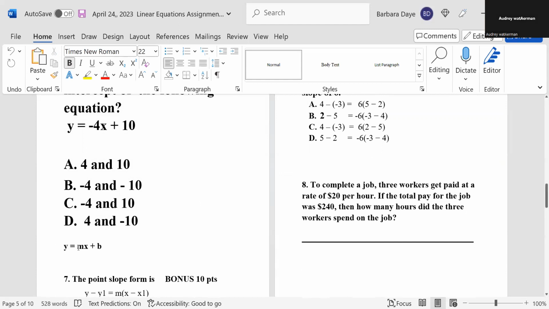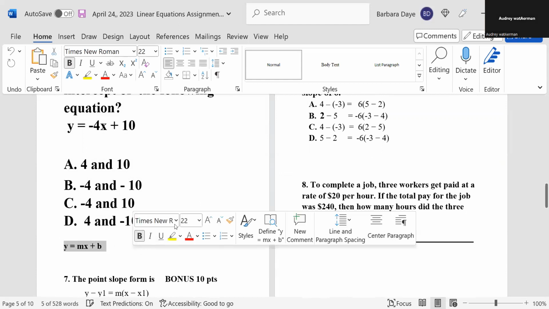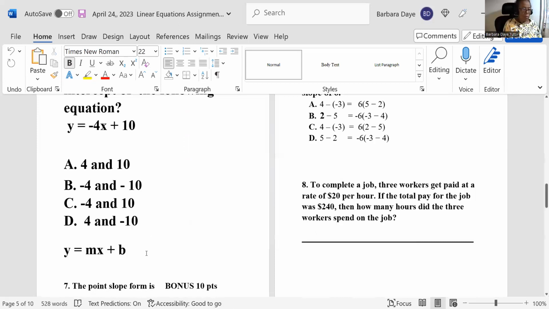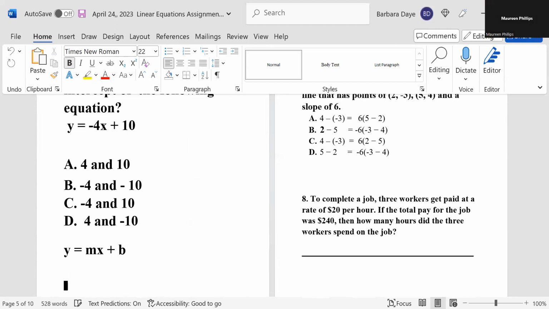Now, Maureen, which one of these is the slope? The y is the y. The mx is the slope. No, no. The y-intercept. This is the slope-intercept formula. Y equals mx plus b. What is the slope, Maureen?